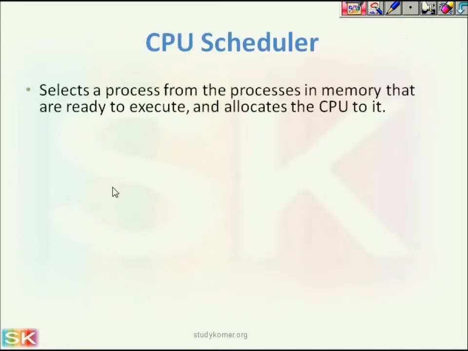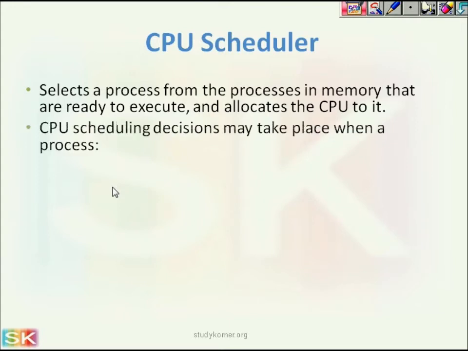A CPU scheduler selects a process from the processes in the main memory that are ready to execute and allocates the CPU to it, right? So we have multiple processes or multiple programs in the main memory, and from those programs, the CPU scheduler is going to pick up one process that will be executed in the CPU next.